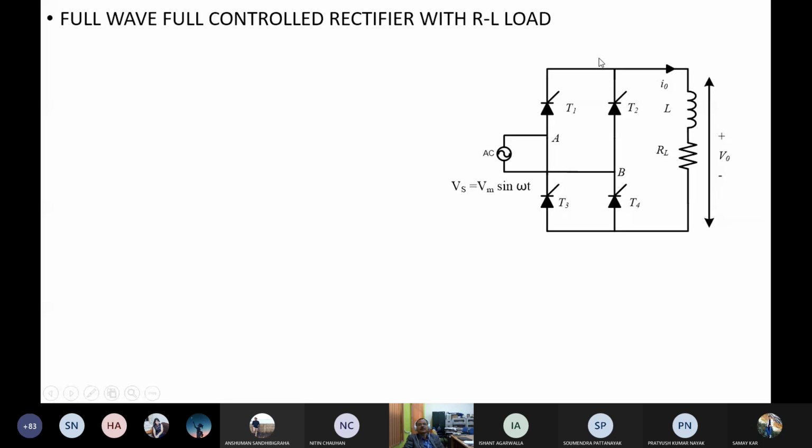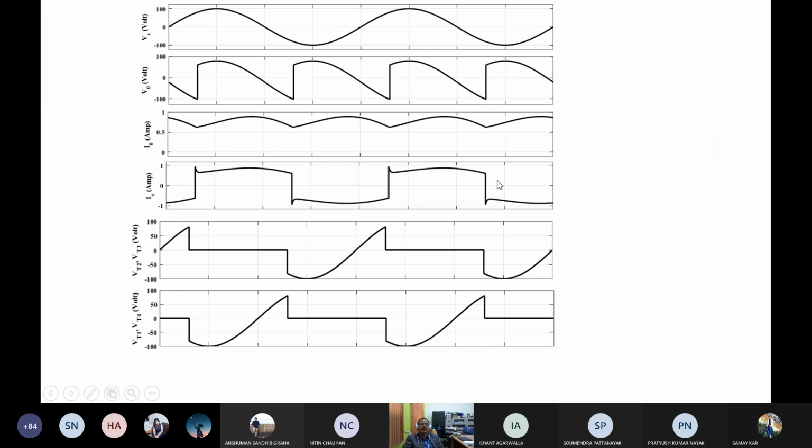After pi, these two are still conducting, so this voltage is negative for some time. Then when T2 and T3 are triggered again, voltage polarity is positive again. T2, RL load, T3. So there is a negative voltage here, unlike your half control.